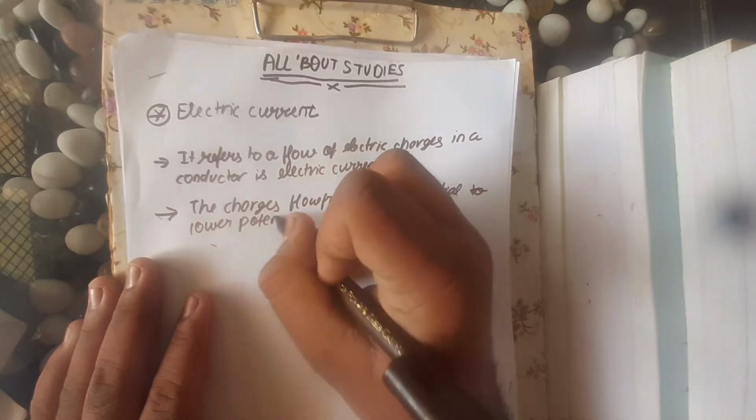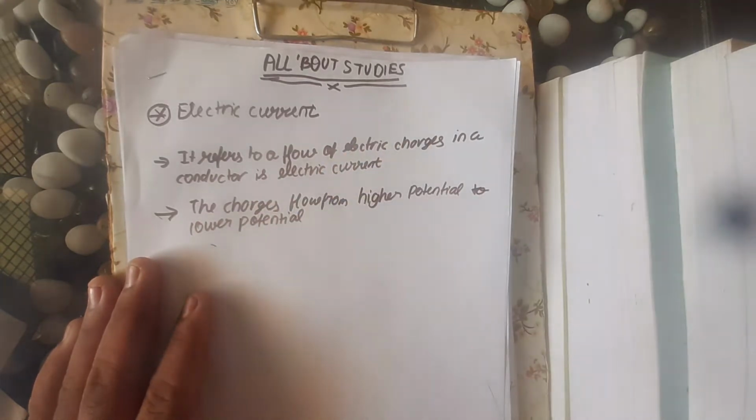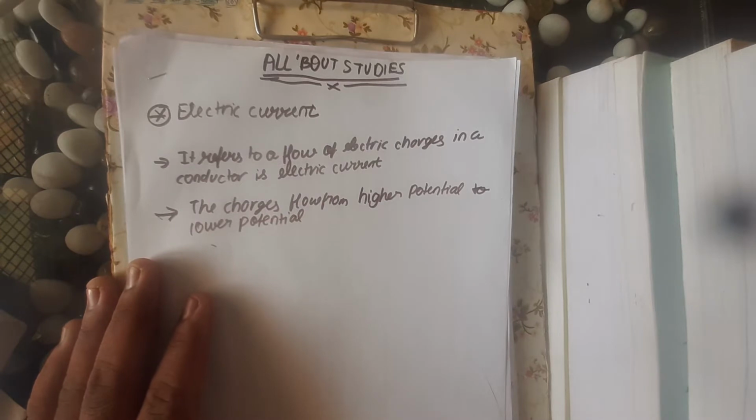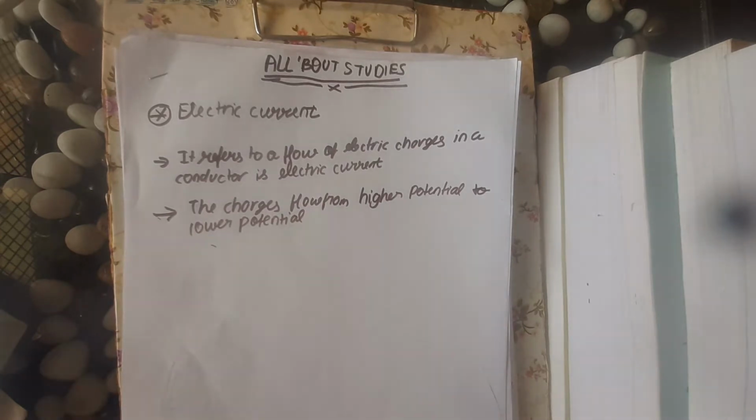As I earlier gave the example of the devices, the charges move from a particular place where the charges are accumulated. It can be anything like a battery or generator or transformer, for that matter.